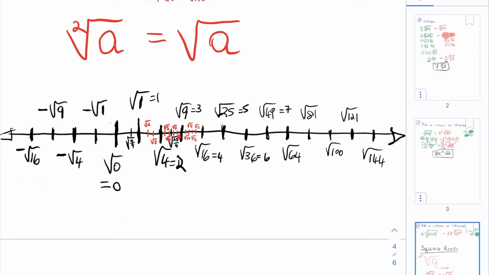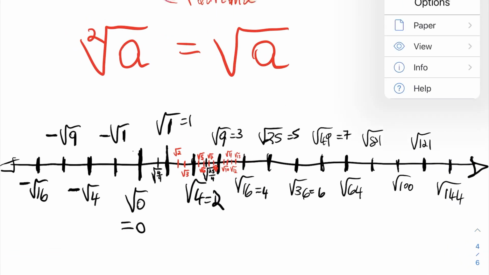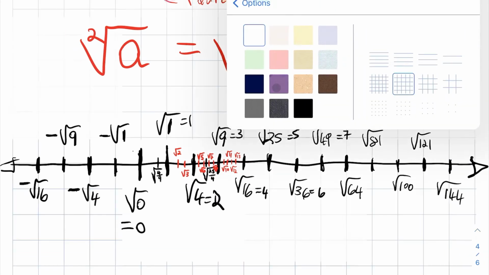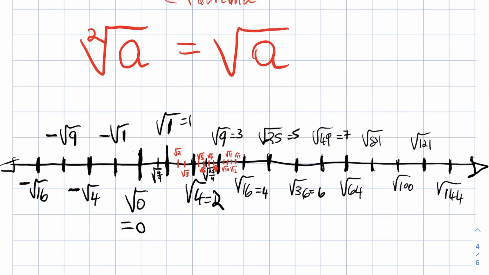This is how these numbers fit onto a number line, right? So at those lattice points there, you have these perfect squares. 64 is 8 squared. 9 squared is 81, right? So these are perfect squares.